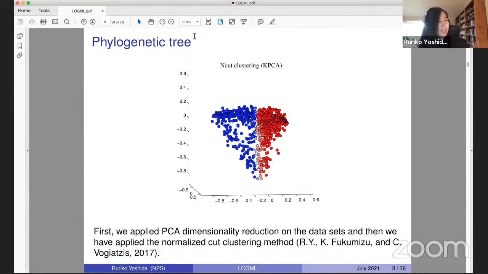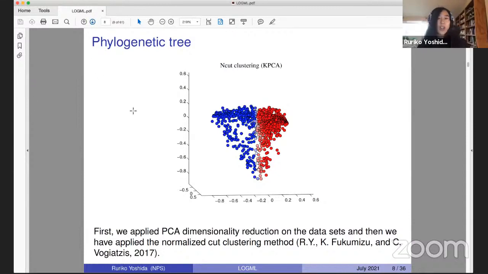So I thought, that looks kind of strange. This picture actually motivated me to develop a principal component analysis over a space of all phylogenetic trees. That's the really motivating picture.